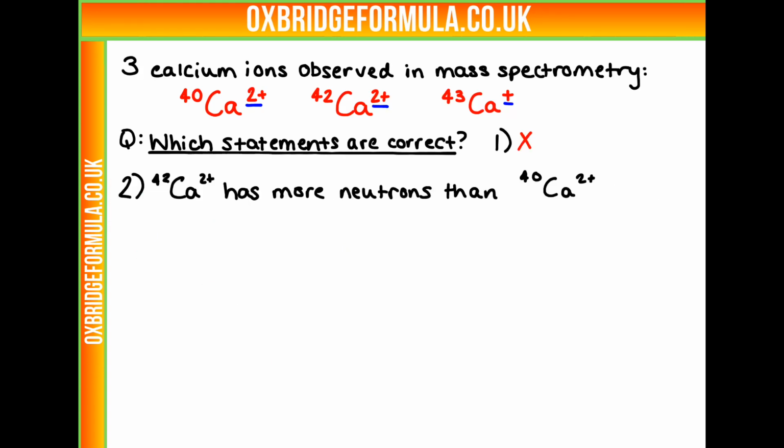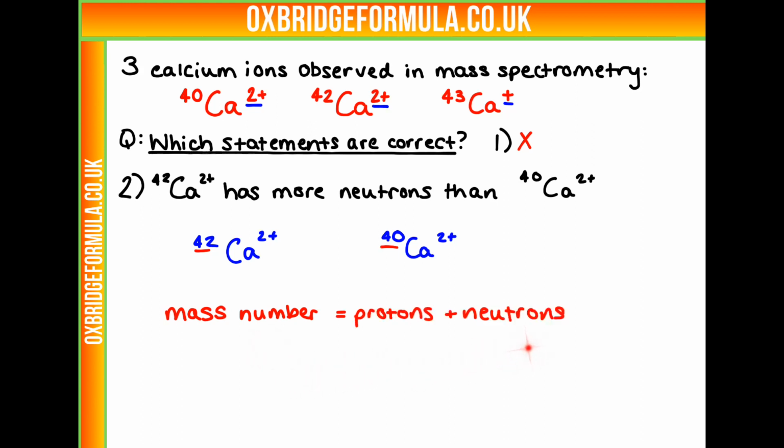Our second statement is that the 42 calcium ion has more neutrons than the 40 calcium ion. So what is the difference between these two numbers? Well, it's the difference in its mass number. And what is the mass number comprised of? Well, it's taking into account the masses of protons and neutrons. And which of these can vary between isotopes?